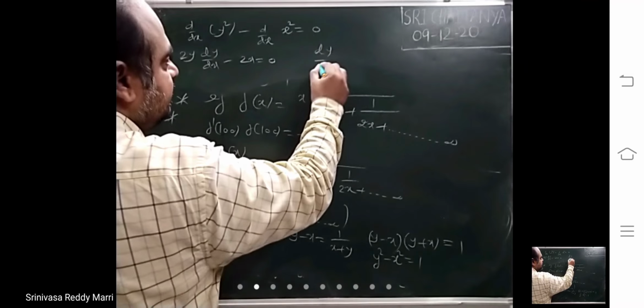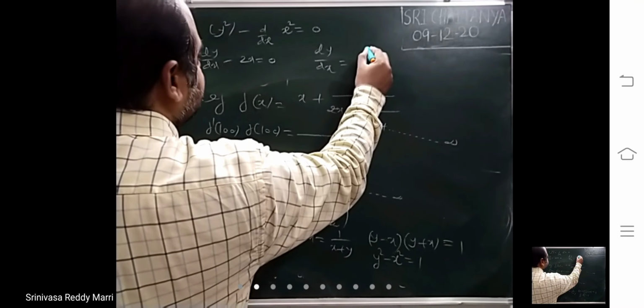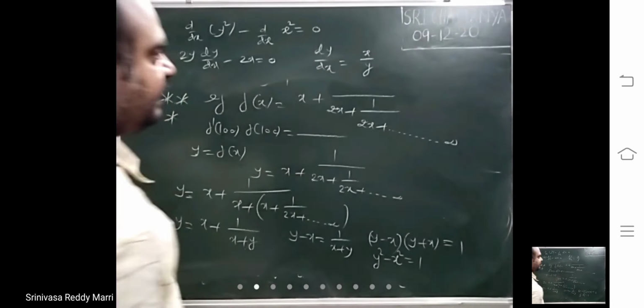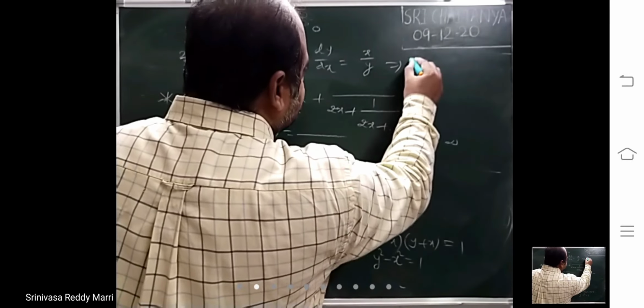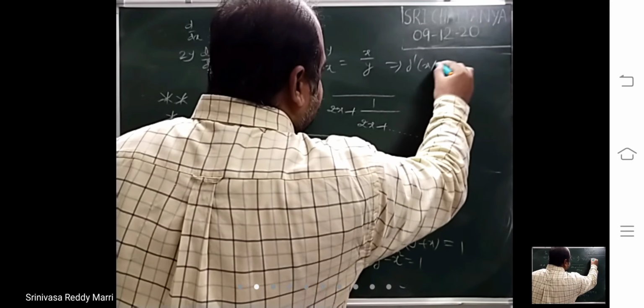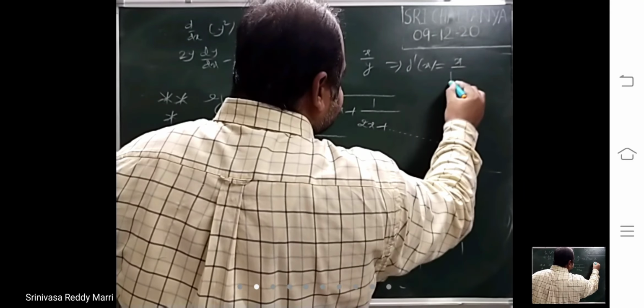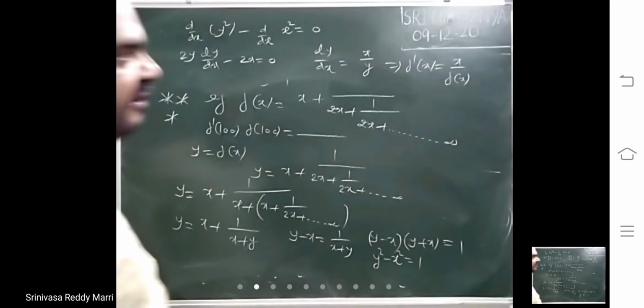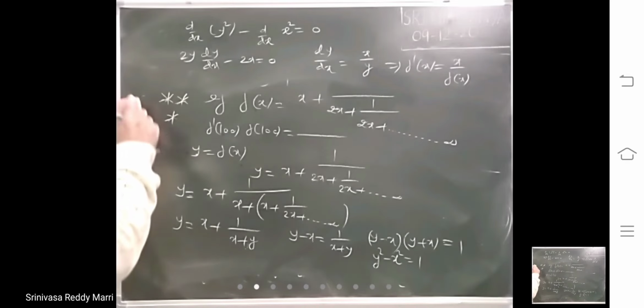That means dy by dx equal to x by y. Now dy by dx is f dash x, and x divided by y means x by f of x, since y means f of x.